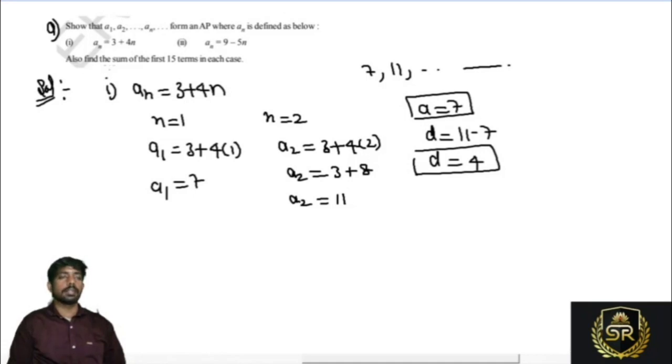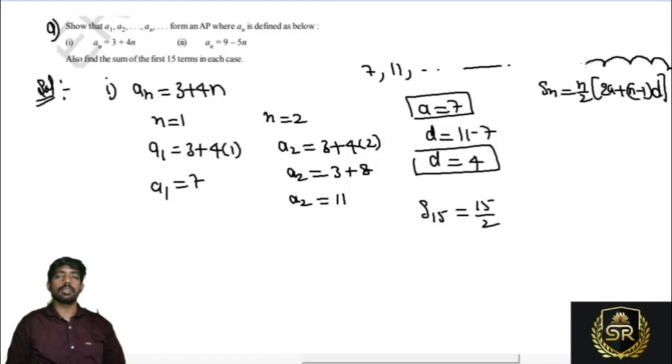And what is asked? Find the sum of the first 15 terms. So S15 is asked. S15 is equal to 15 by 2 into the formula. Sn is equal to n by 2 into 2a plus n minus 1 into d, right? This is the formula I'm using here.